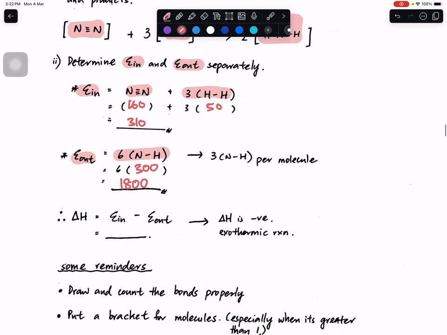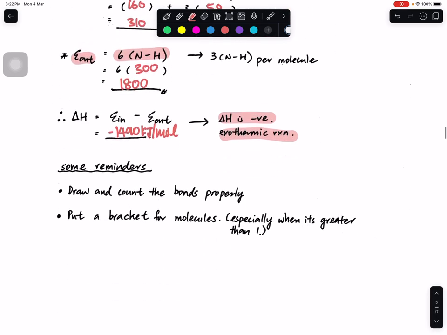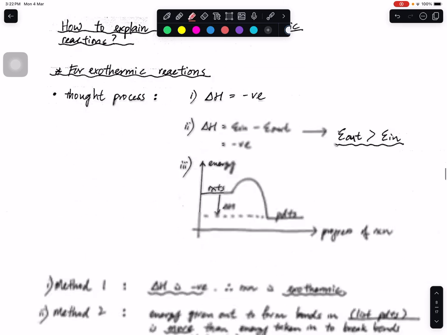You minus them off, you get minus 1490 kilojoules per mole. Because this number is negative, you can interpret that this reaction is an exothermic reaction.